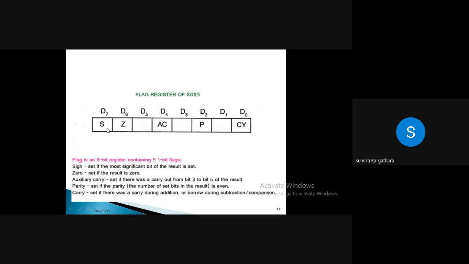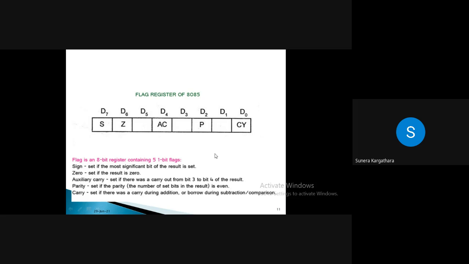Try to understand this very clearly. Many times it can be asked in the exam, and whenever you interface or program your processor, it is very useful information that you will get through the flag, right? You always need to check the condition of the flag.